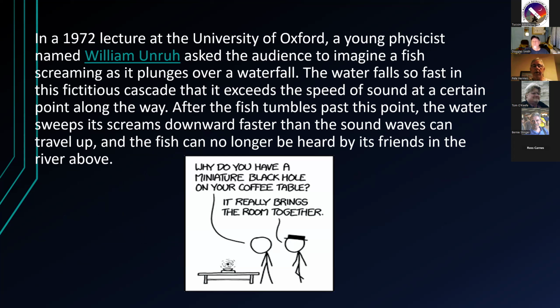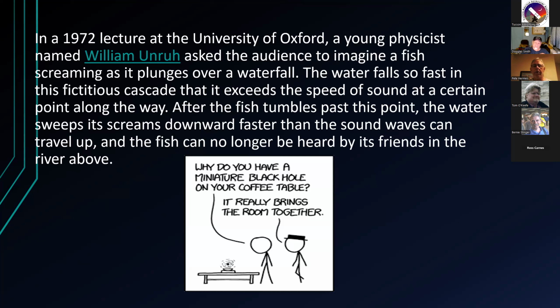Going back to the properties of black holes and the escape velocity, this is a thought experiment that was originally proposed by a physicist named William Unruh, who asked the audience to imagine a fish screaming as it plunges over a waterfall into a lake or a trough below.